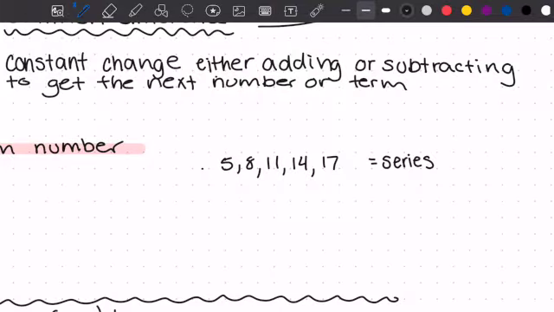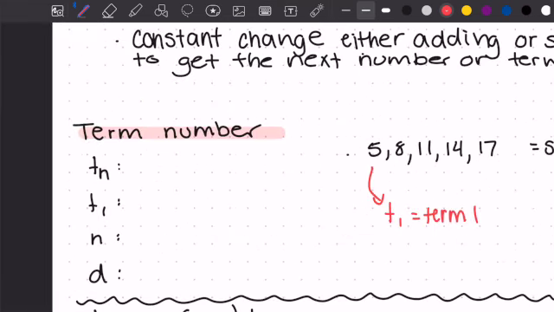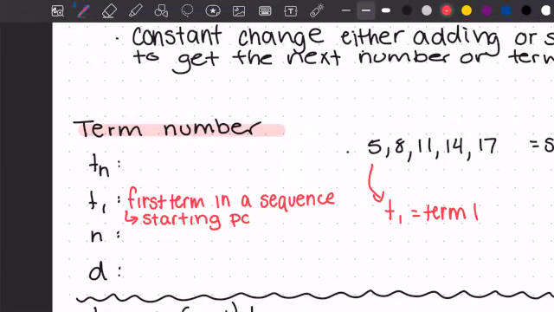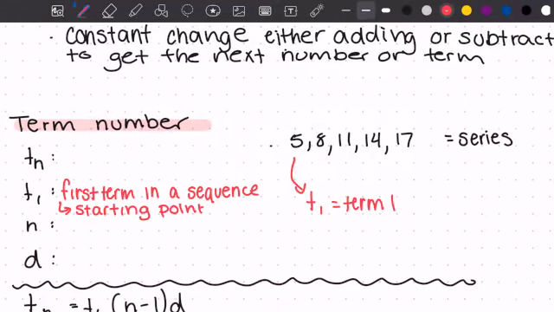This 5 is my T1, or my term 1, the first term in a sequence. This is the starting point. All of these terms can be numbered after this. So this is T2, this is T3, this is T4, and this is T5.